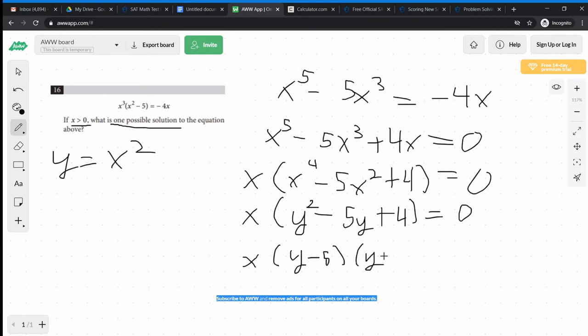This might take you a little bit to think of, but as you can see, I'm sorry, I'm wrong. y minus 4 and y minus 1. As you can see, negative 4 times negative 1 equals 4, negative 4y minus y, and y squared.